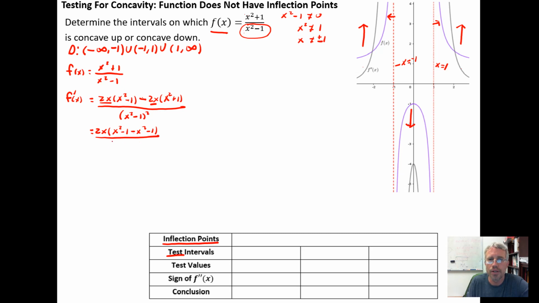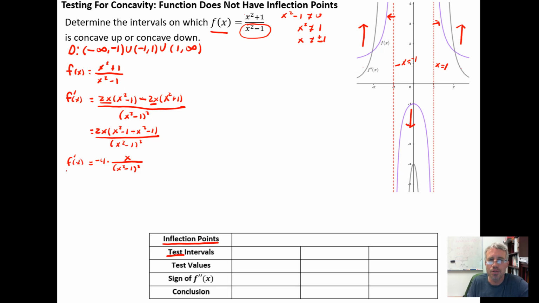So in the numerator, I'm going to have 2 times -2, which is just -4, times the x, over the quantity x squared minus 1, squared. So there's my first derivative.